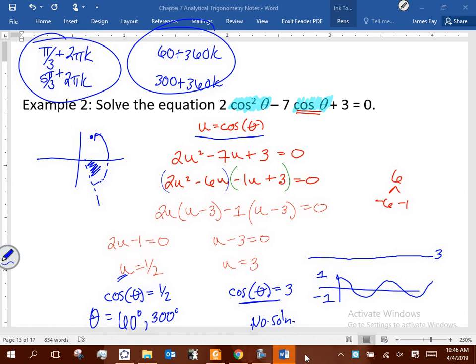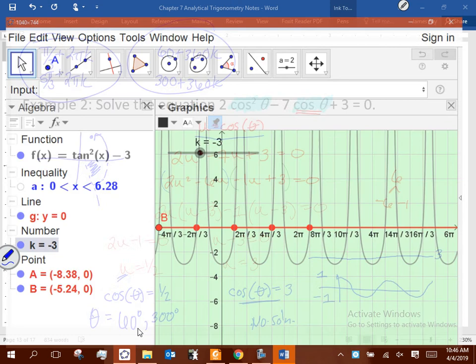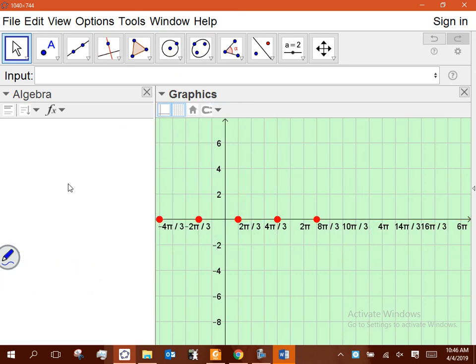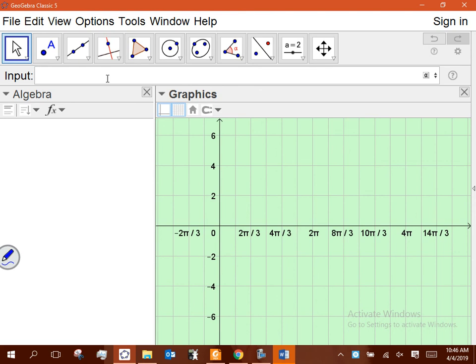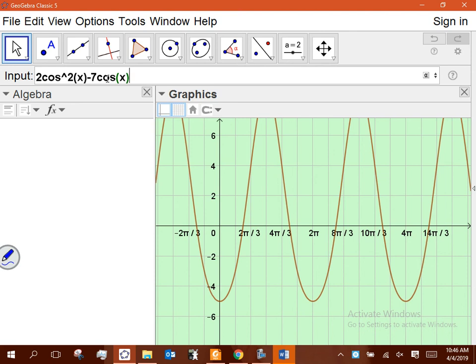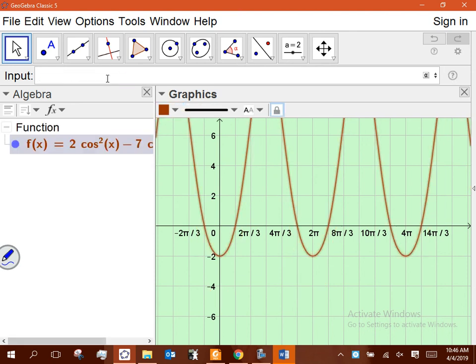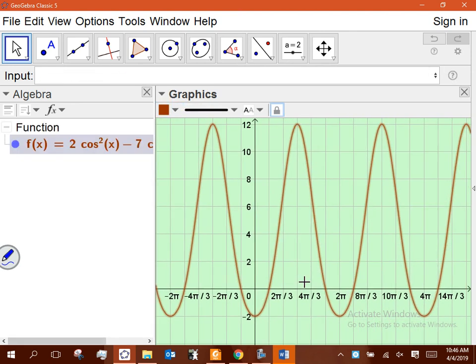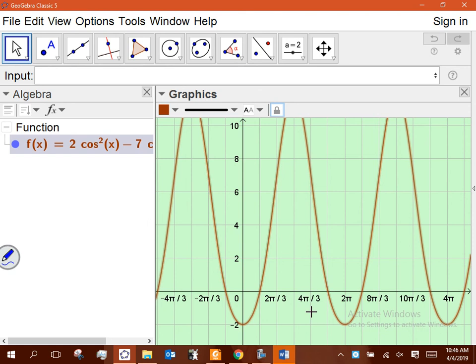Okay. Let's see what this original equation looked like. We had 2 cosine squared x minus 7 cosine x plus 3. We have that there, and we're interested in where it crossed the line y equals 0, or the x-axis, right?